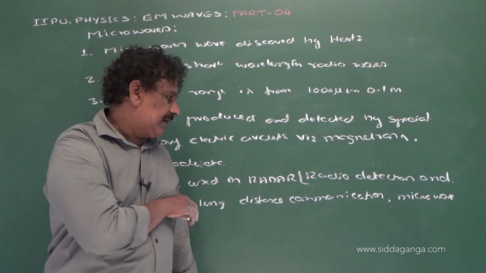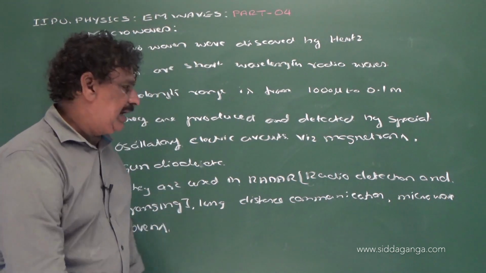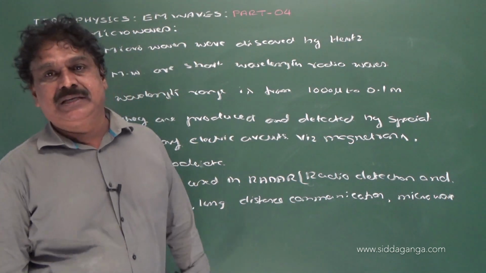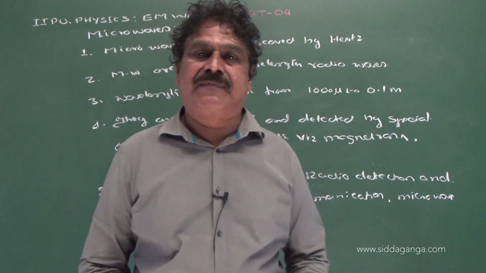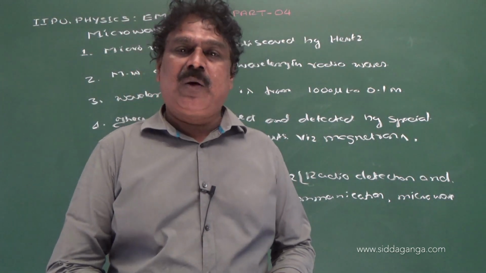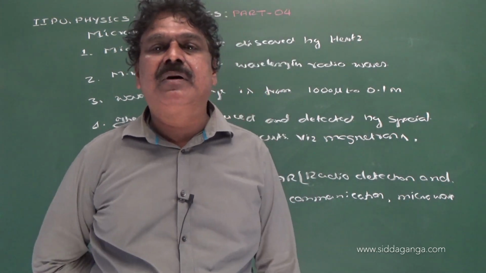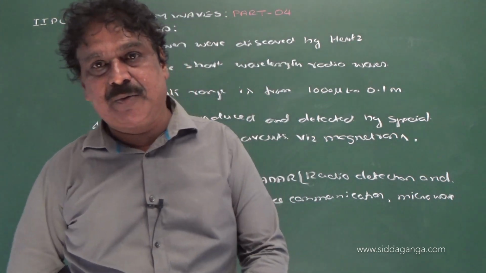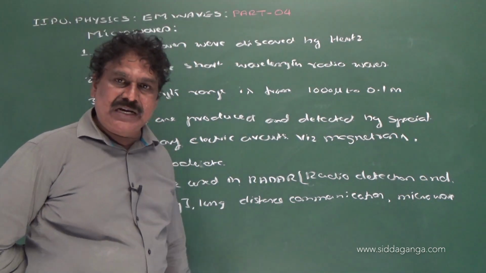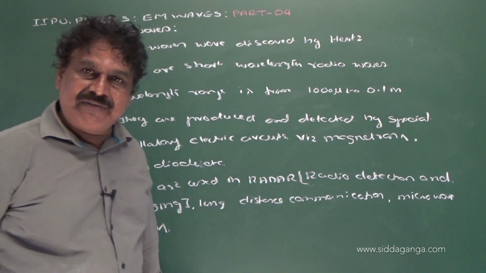So radar is radio detection and ranging. That means the position of aircraft can be located by using microwaves with a system called radar. You might have seen at the airports and different stations we are having radars.